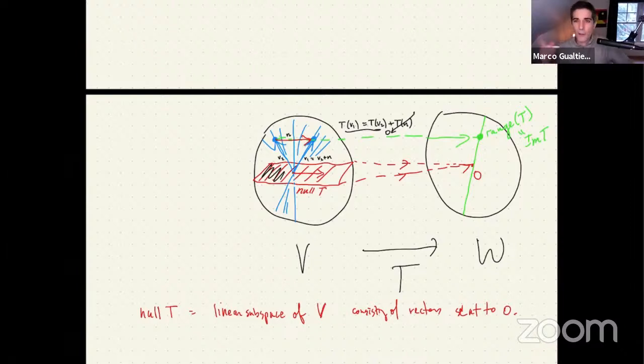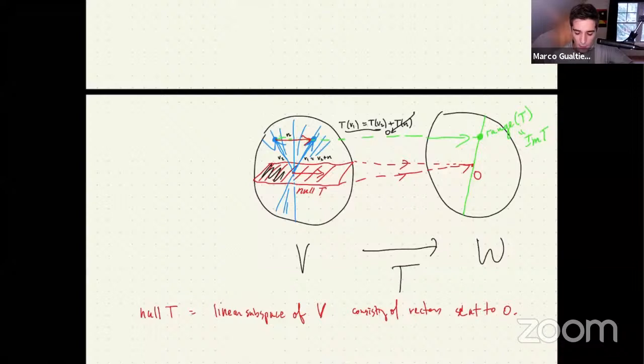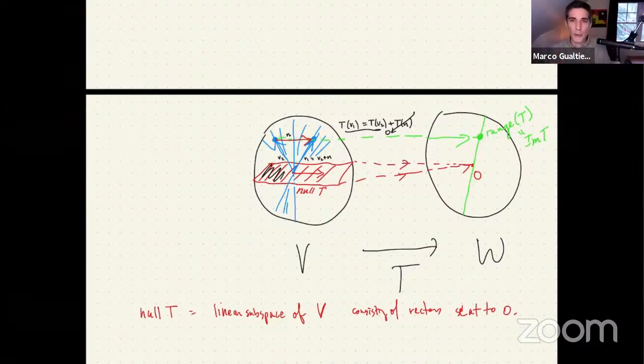So what the fundamental theorem of linear algebra is saying is that in order to understand green, in order to understand the range, you need to produce an equivalence relation on these blue vectors. You need to say that two of these vectors in V are equivalent if they differ by something in the null space.